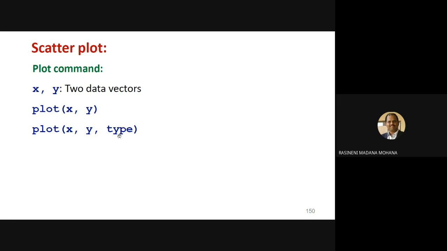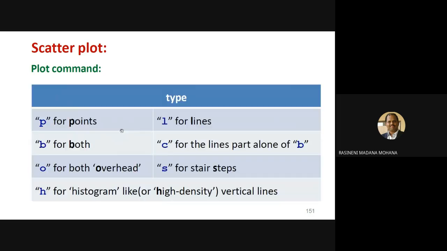Here various types of scatter plots are there. The following table gives all the types of scatter plot possibilities. Whichever type you give, the scatter plot will be in that type. For example, when the type is p, it gives points. When you give l as the type, it gives lines.